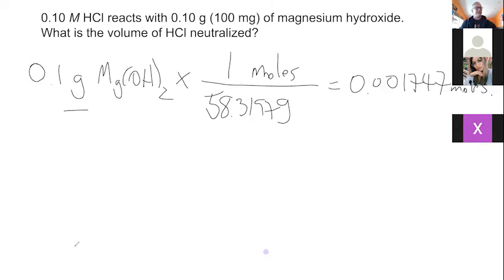What's the next step? What's my second step in figuring this out? So I know how many moles of magnesium hydroxide I have. What do I need to do next?